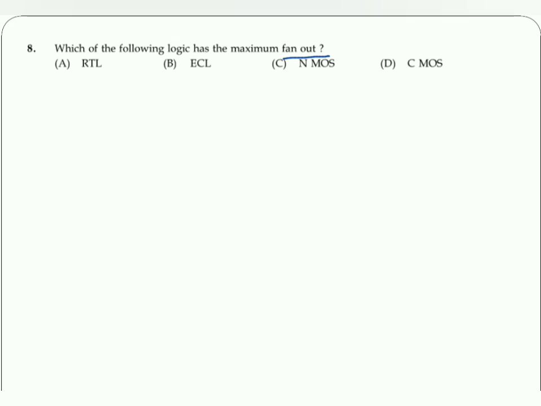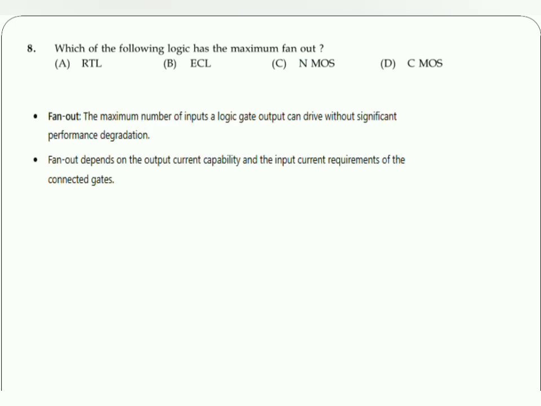So from the given options, CMOS has DC fan out that is generally higher than is likely to occur in practical circuits. So that's why option D is the correct answer. Fan out depends on the output current capability and the input current requirements of the connected gates.